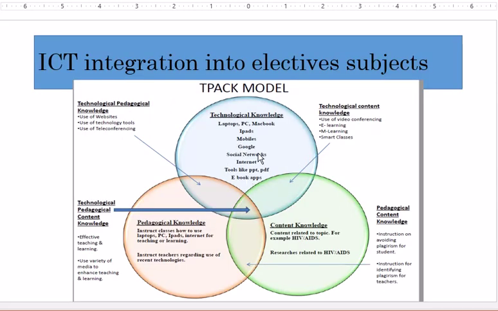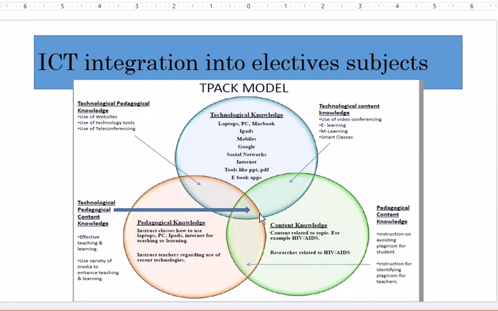This is one of the models, the TPACK model, which has three circles. It is a Venn diagram, and you will see there is a triple intersection in the middle. Such areas indicate technological, pedagogical, and content knowledge. All these people who know how to use ICT and who have well understood the content and pedagogy would always be at this region.